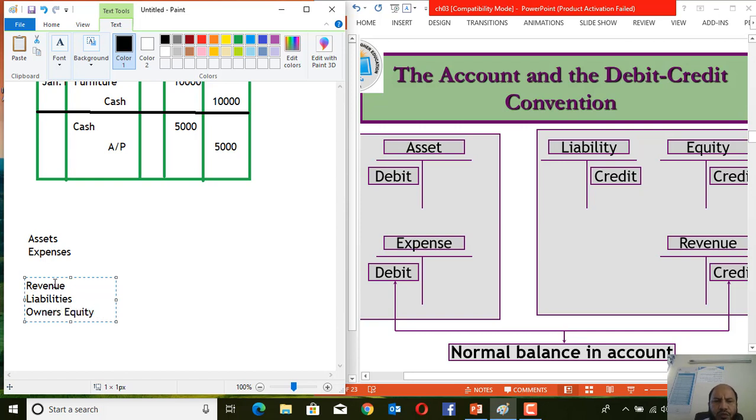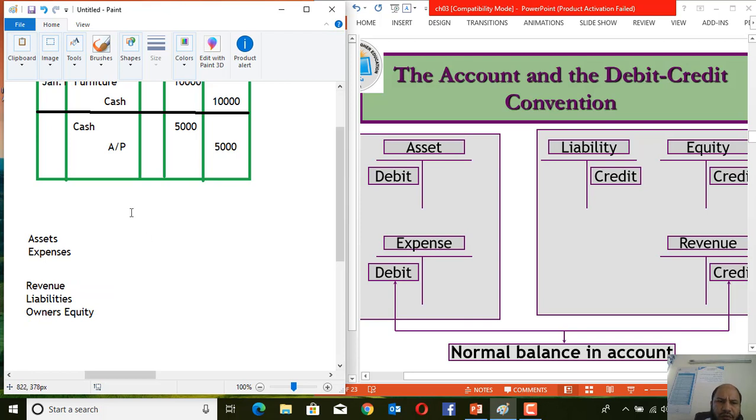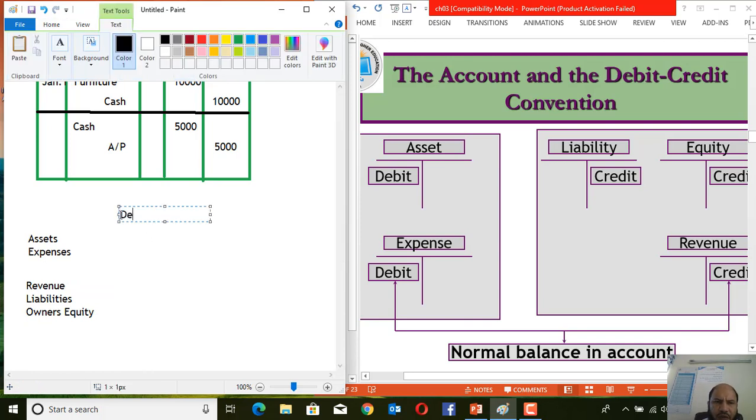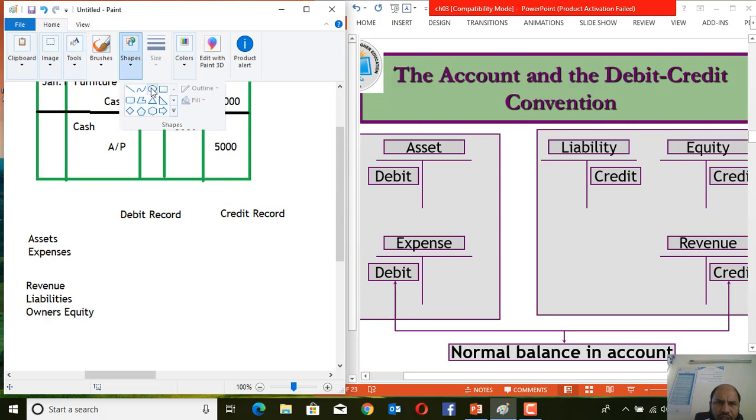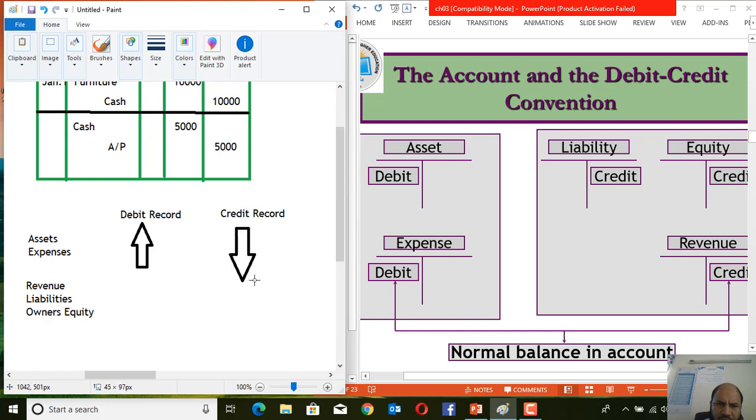So the rules for debit and credit: when do we make the debit record, and when do we make the credit entry? So dear students, see, when the asset account is increasing, we will record this at the debit side, and when it is decreasing, we will record it at the credit side.